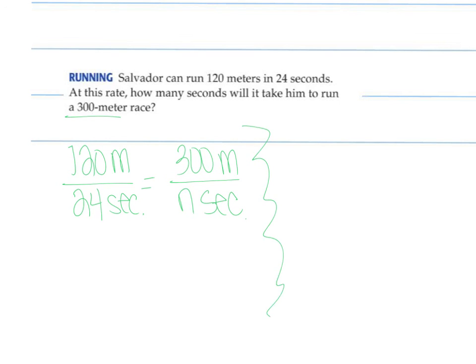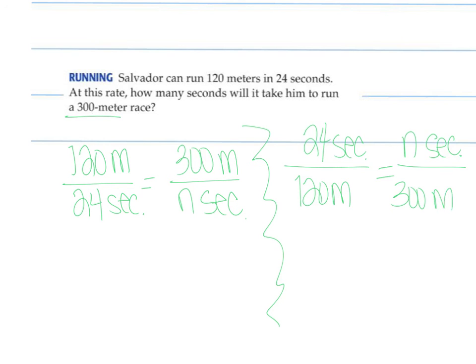If you set it up like this, 24 seconds over 120 meters, that is fine as long as you have your n seconds up here and your 300 meters down below.